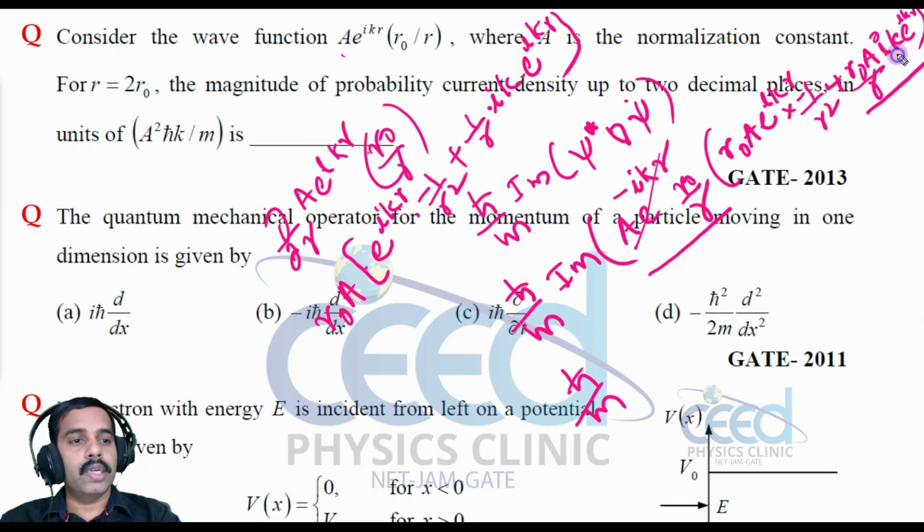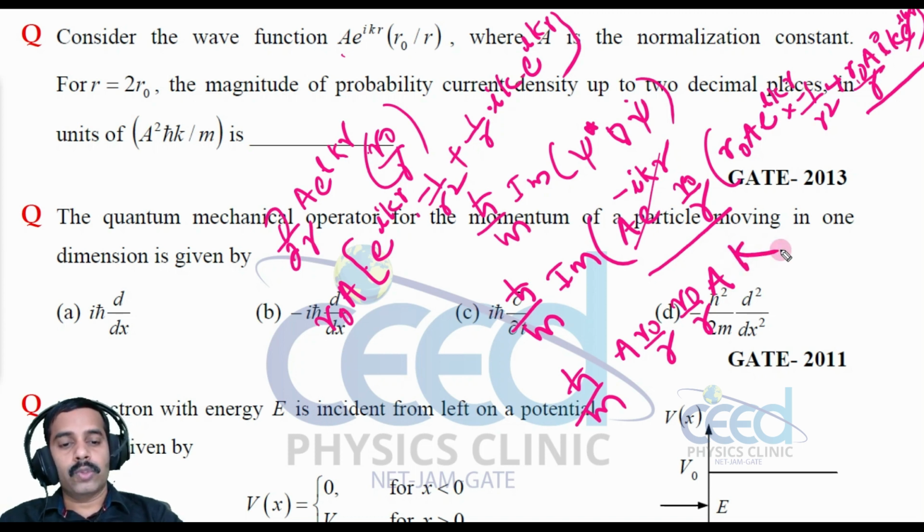What is remaining here? Out of the imaginary number, what is remaining? We have r0 by r here, and r0 by r again here, and a here, and here we need to take the imaginary part, so need not write it, and k here.